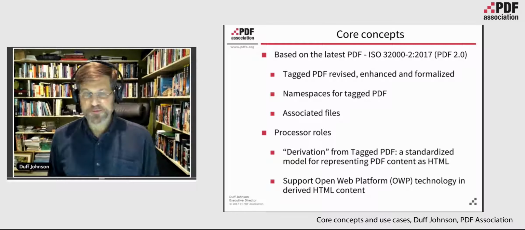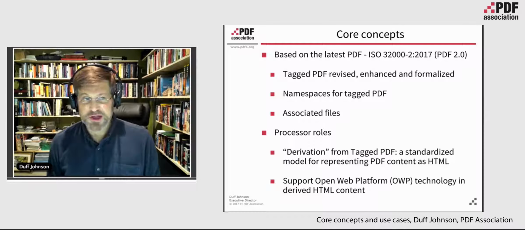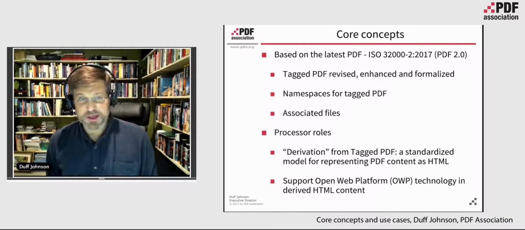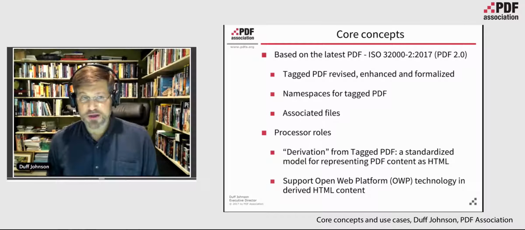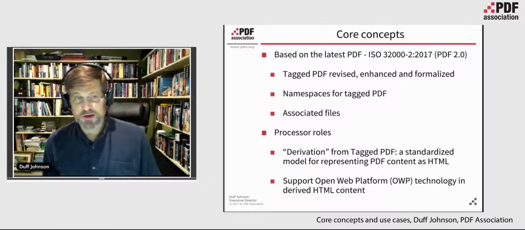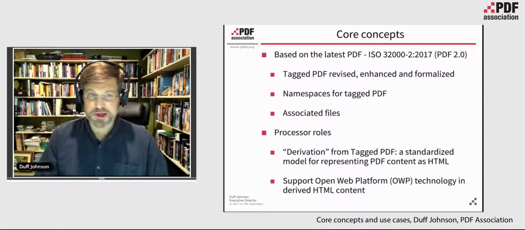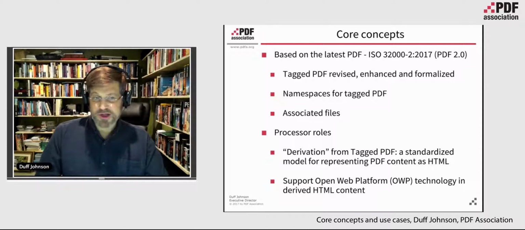Namespaces permit various types of schemas to be introduced to manage tags. So for example, it would be possible to include MathML directly in the PDF, or other kinds of markup languages, simply by tagging the content with the appropriate tags and introducing the namespace in order to allow a processor to distinguish between the standard structure type set in PDF and other structure type sets available from various namespaces.